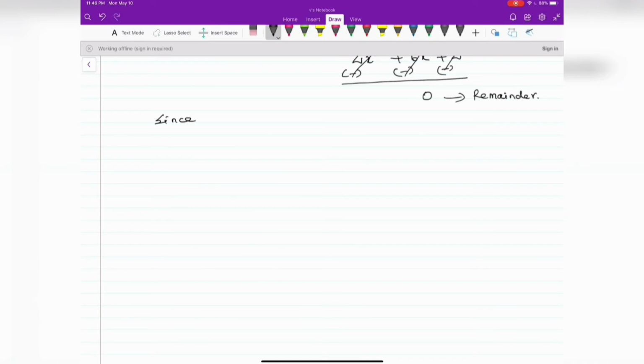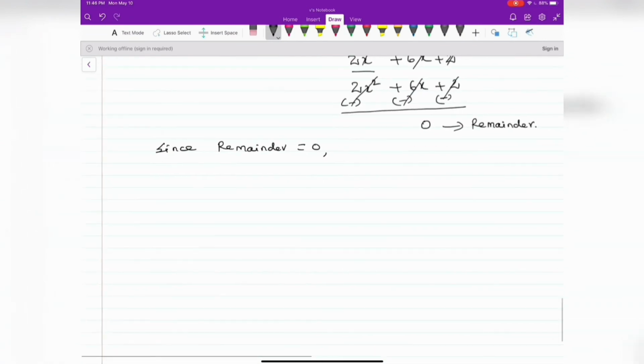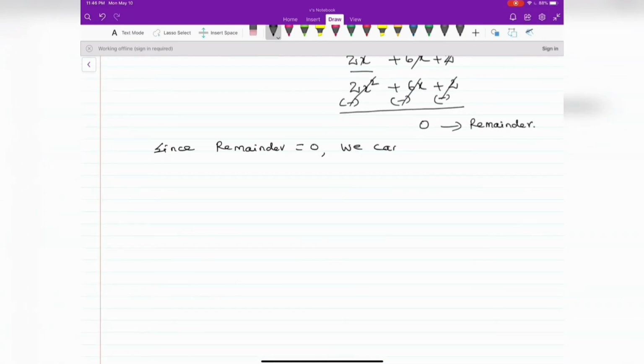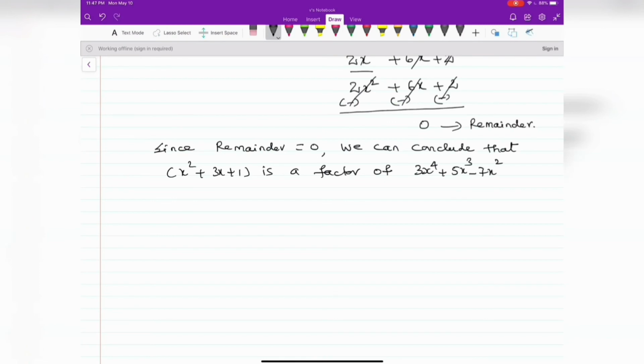Since remainder is equal to 0, we can conclude that x square plus 3x plus 1 is a factor of x power 4 plus 5x cube minus 7x square plus 2x plus 2.